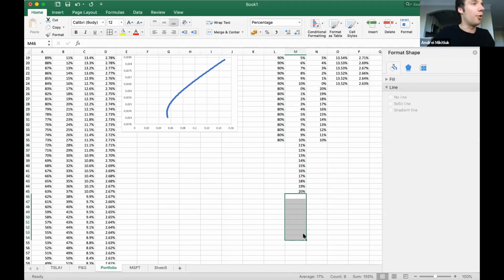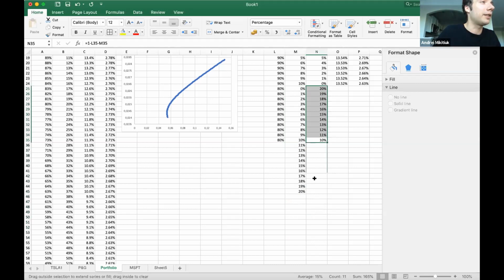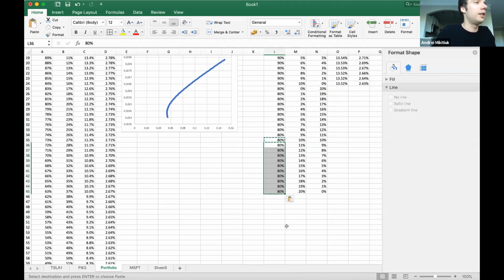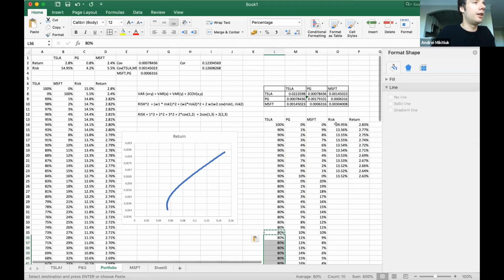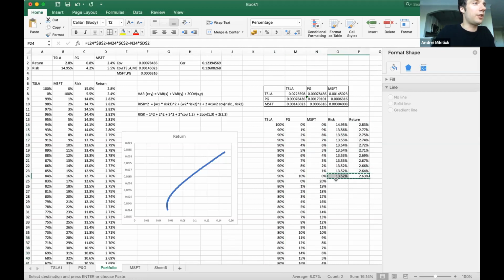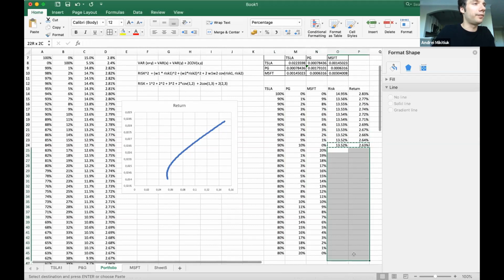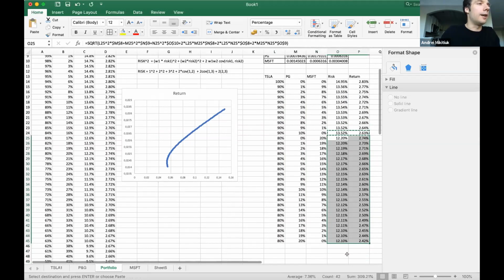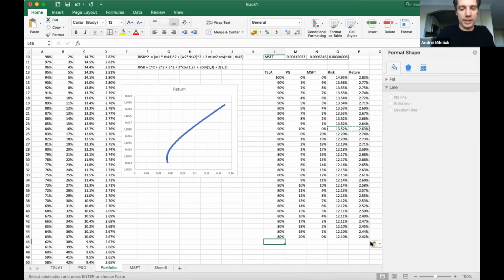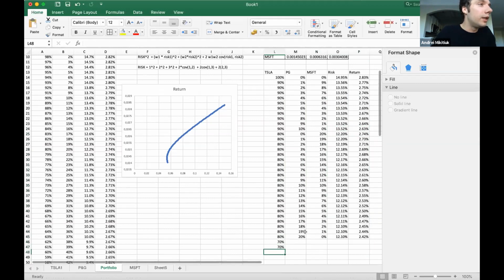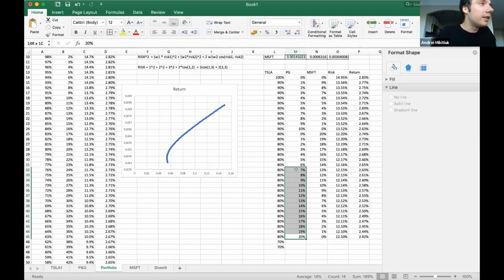I will stop at some point because that would take us forever, but that's basically the logic of doing that. These calculations are exactly the same. So let's make a few of them, because going through all 70 would take too long.